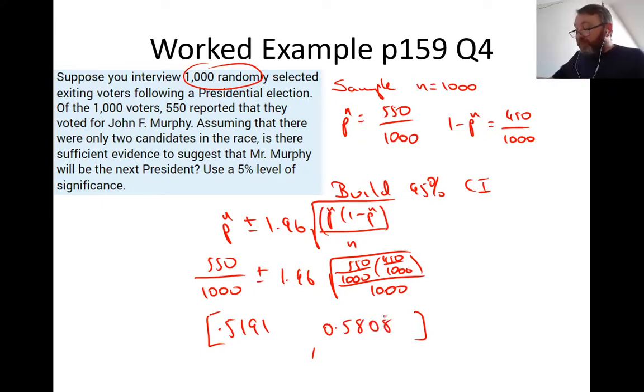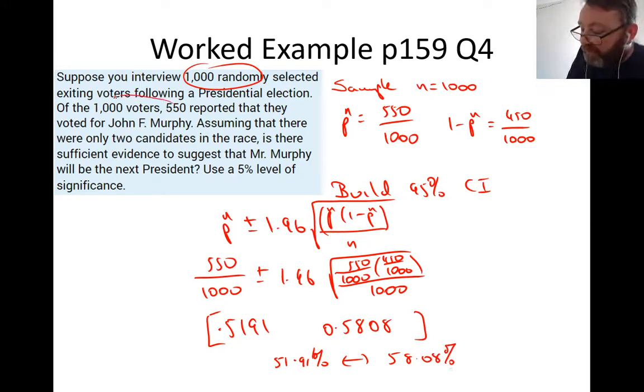So what does that mean? That means that we accept the null hypothesis if the percentage mentioned in the question is between 51.91% and 58.08%.